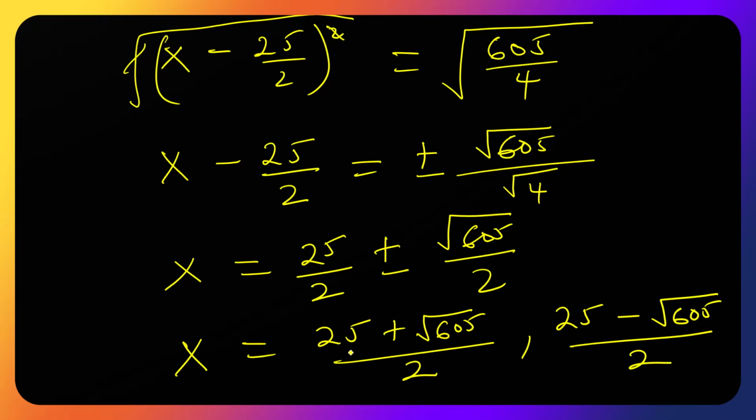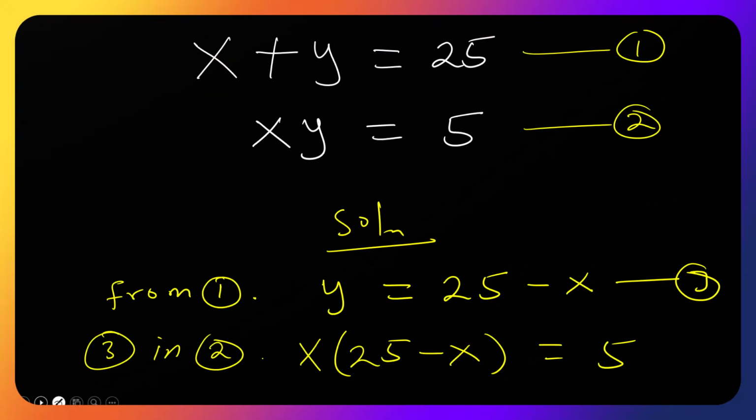All right, so these are the solutions. Okay, now let's look for the y values since this one is for x. So let's go back as we record this. Okay, y equals 25 minus x.